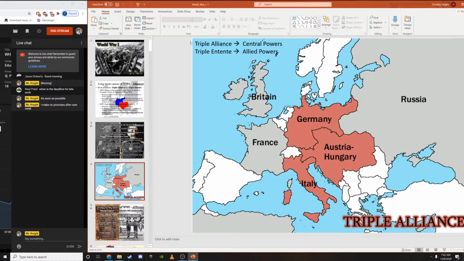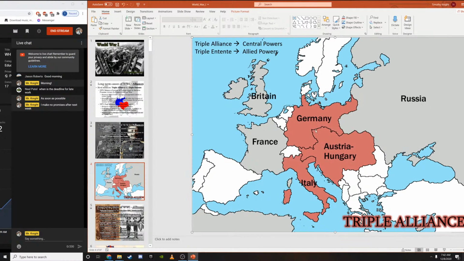the Triple Alliance becomes known now as the Central Powers, and that would be these nations right here, Germany and Austria-Hungary.